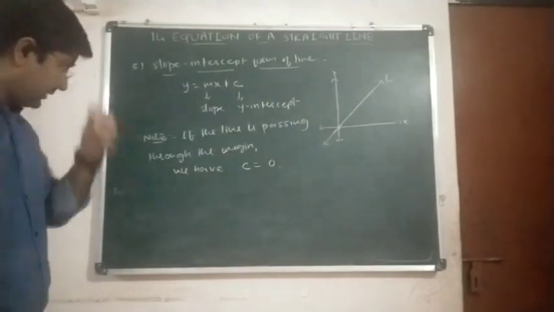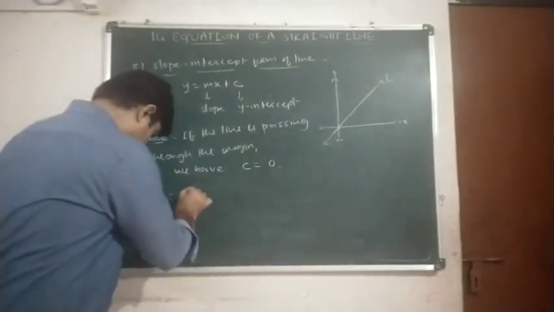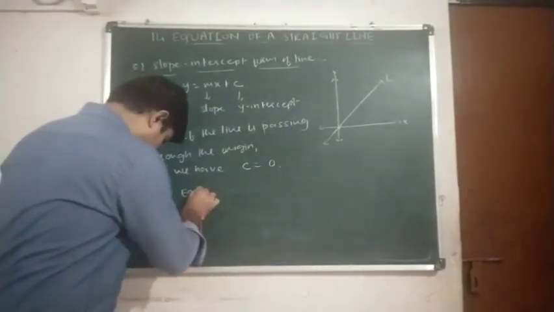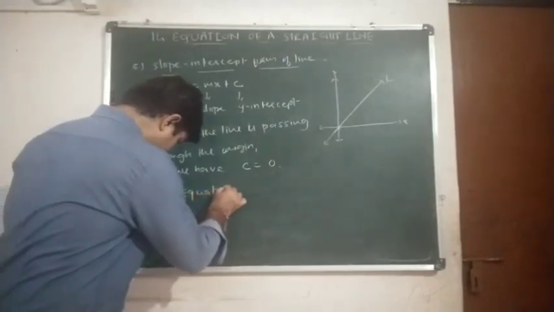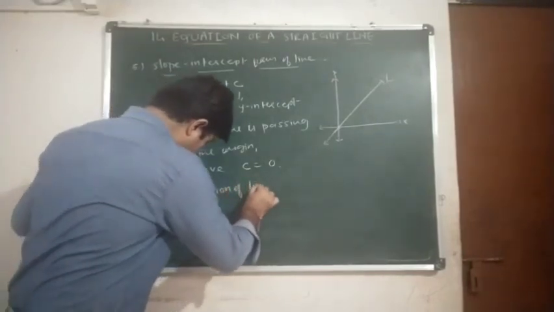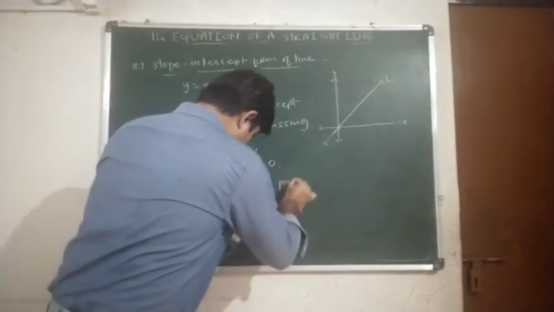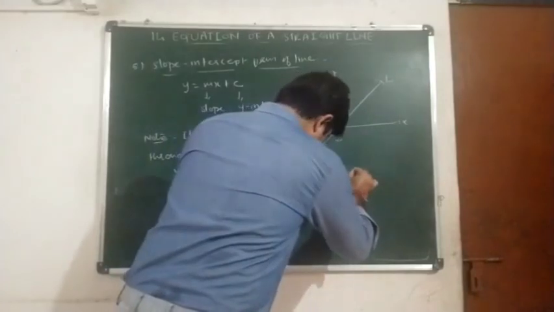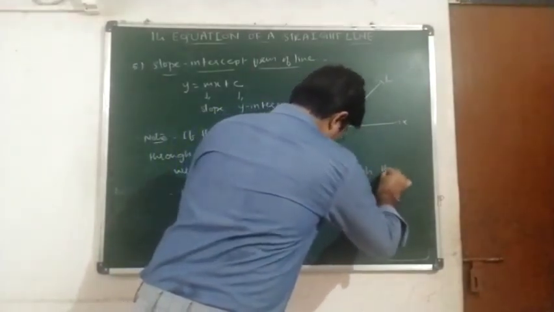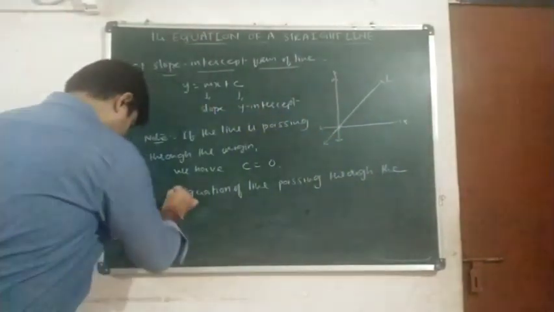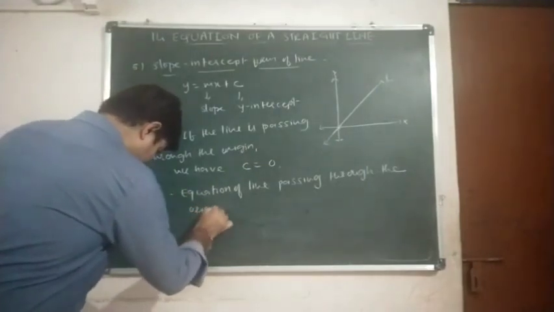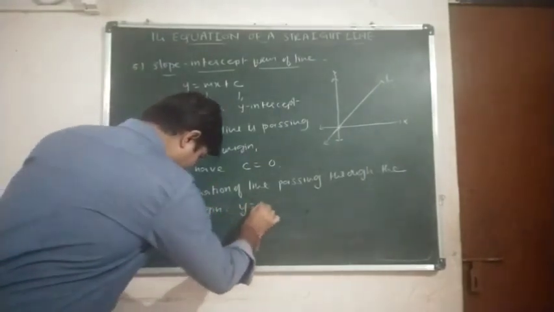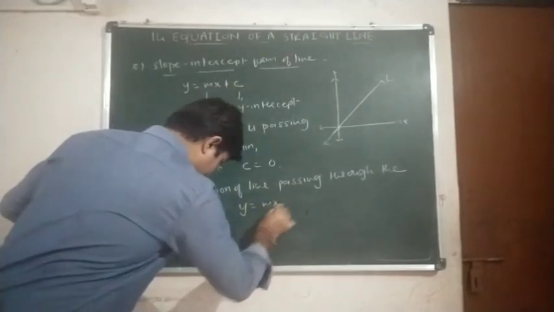C will be equal to 0, and therefore the equation of a line passing through the origin will be given by y is equal to mx.